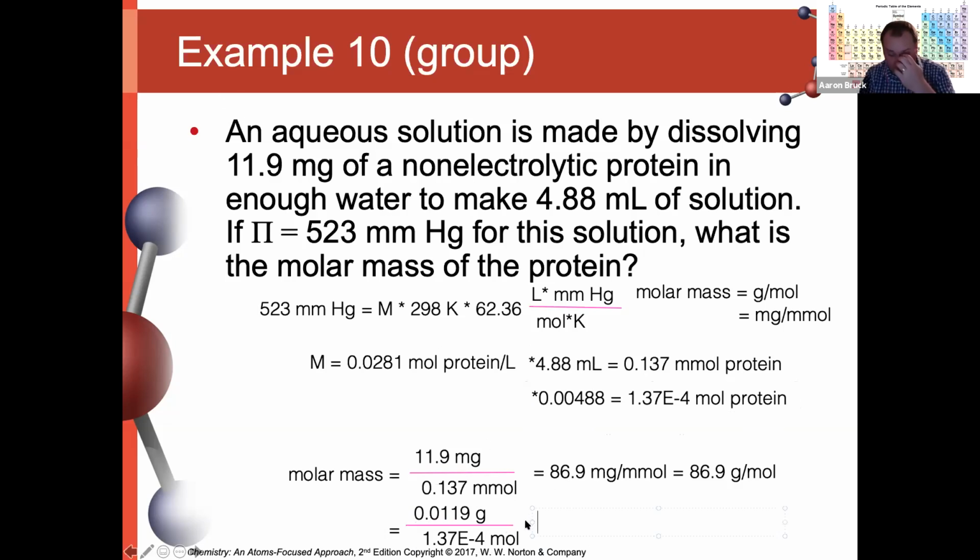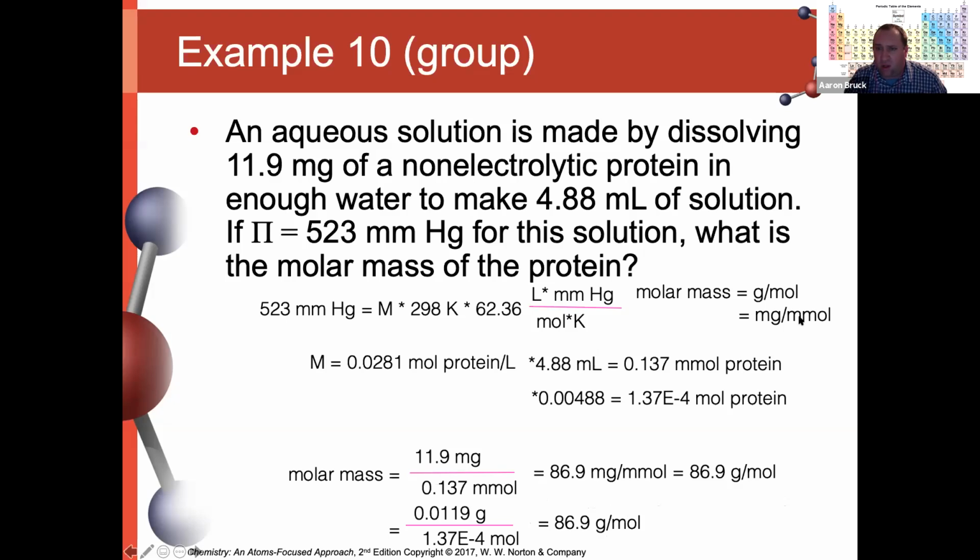And again, if you do that, 0.0119 divided by 1.37 times 10 to the negative fourth, you get the same 86.9 grams per mole.